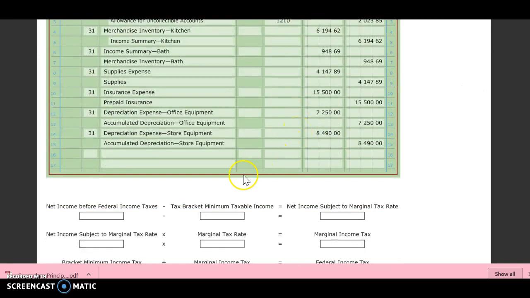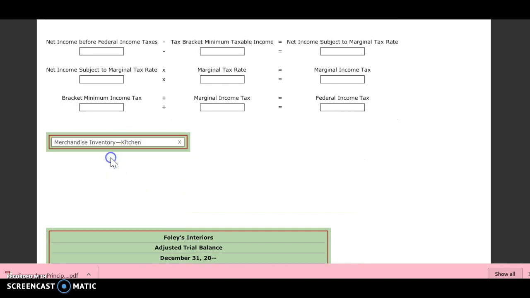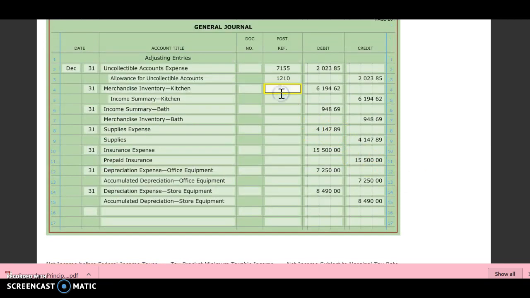Okay, next one, merchandise inventory kitchen. 31st, G20. We have a debit of 6,194.62. Find our new balance. Our new balance is $147,084.62. 1305.